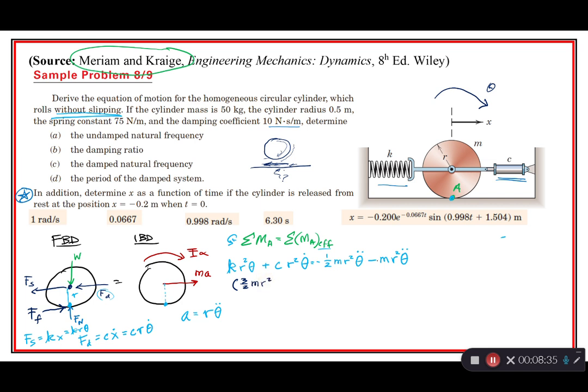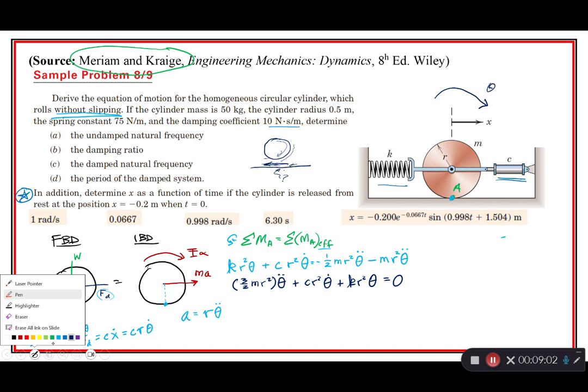Because you have 1/2 plus 1, so 3/2, times theta double dot, plus c r squared theta dot plus k r squared times theta equals 0. It is not a forced problem, so this is a homogeneous equation. Nice. And we could do one more step in our pursuit of the equation of motion.